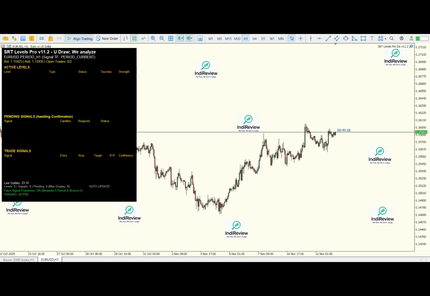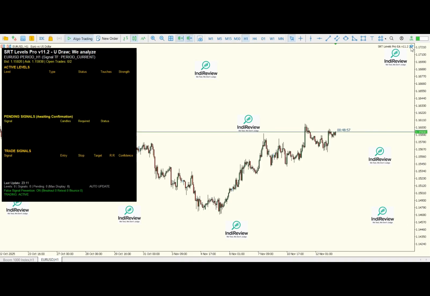SRT Levels Pro version 11.2 is an indicator and expert advisor from Indie Review, and fortunately what we have today is the expert advisor, and it can be used as an indicator.